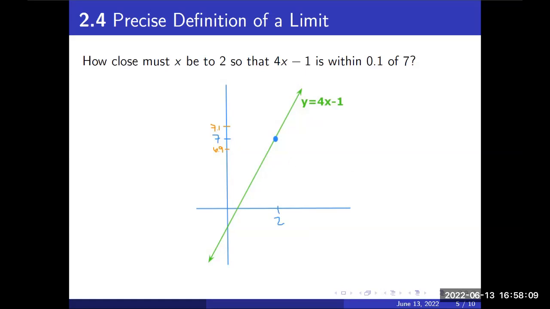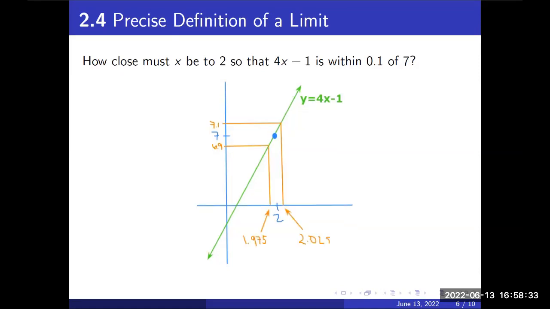Here's what the answer we just found for how close we have to be to 2 would look like graphically. We can extend this line out from 7.1 until it hits, and wherever it hits, we can drop that straight down to the x-axis. And same thing for 6.9. We extend that out until it hits and then drop that line straight down.